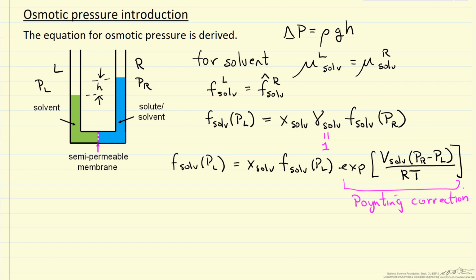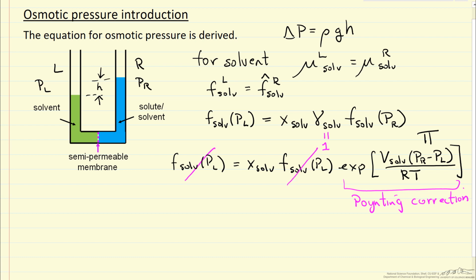So this difference in pressure, this rho g h, corresponds to the osmotic pressure, and so we're going to use the symbol pi for the osmotic pressure, so that's that pressure difference. If we look at the equation, the pure component, the solvent fugacity at the pressure on the left side, is equal to that.